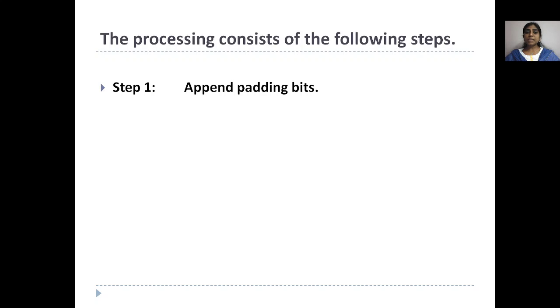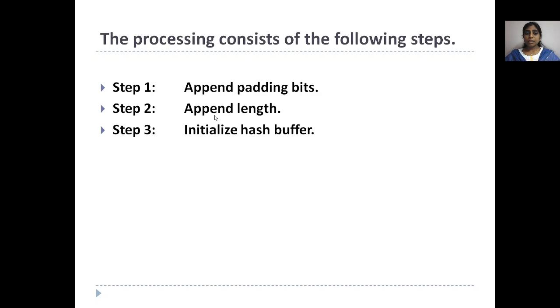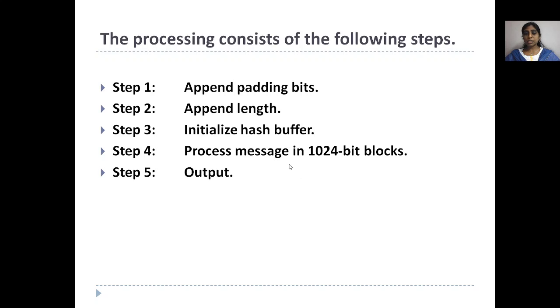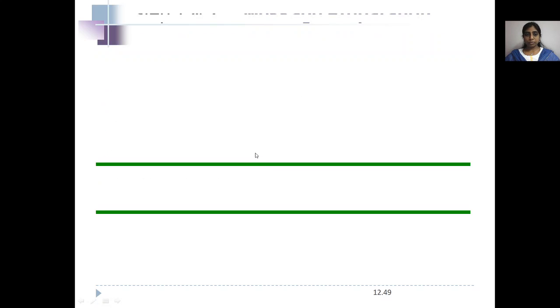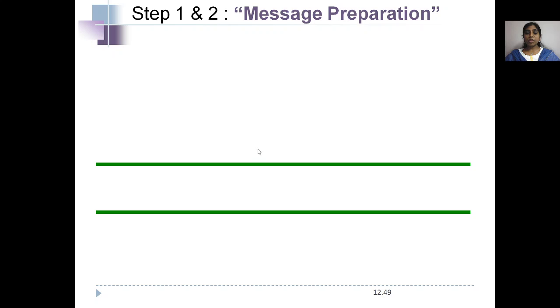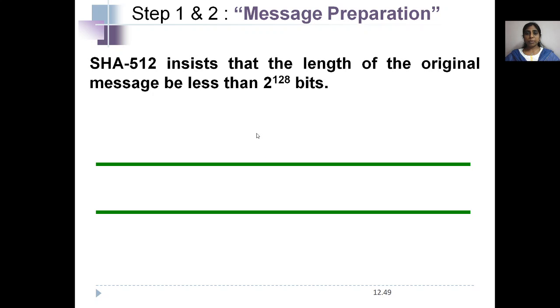The first step is to append the padding bits, then append the length, then initialize the hash buffers, then process the message in 1024-bit blocks and find the output. Steps 1 and 2 are called message preparation.